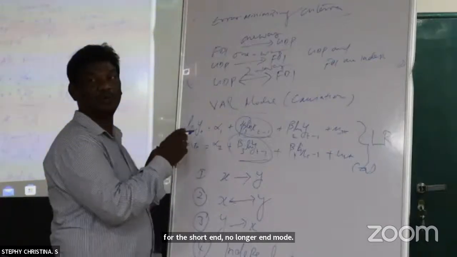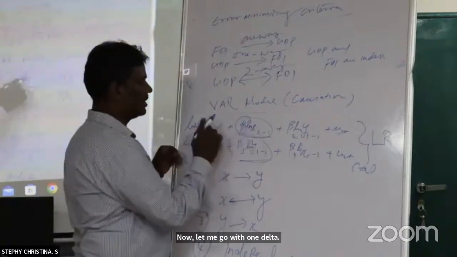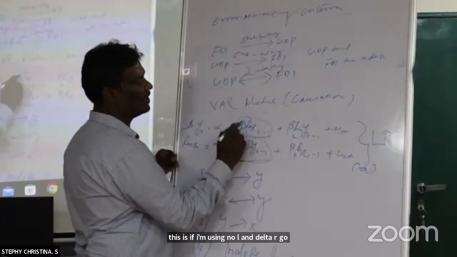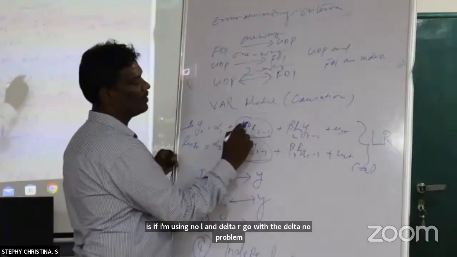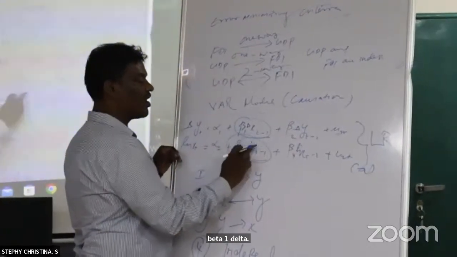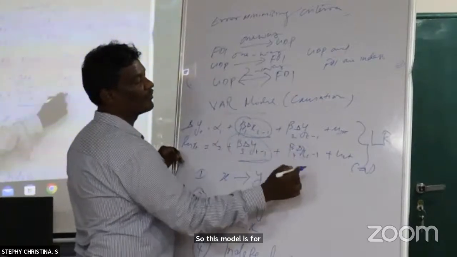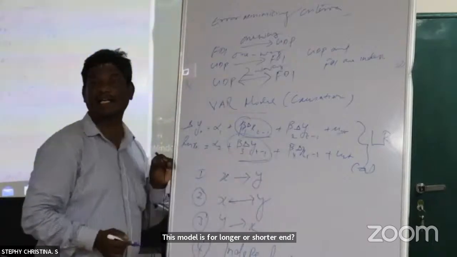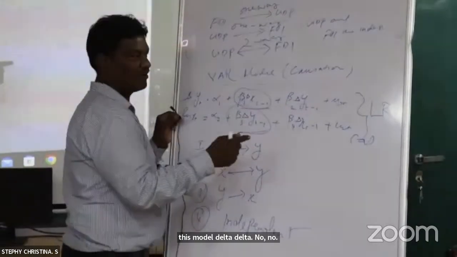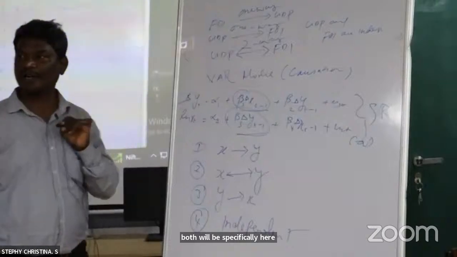Now let me go with delta. If I'm using ln delta, or just delta, no problem. Beta 1 delta. So is this model for the long run or short run? This model, with delta, goes for the short run.